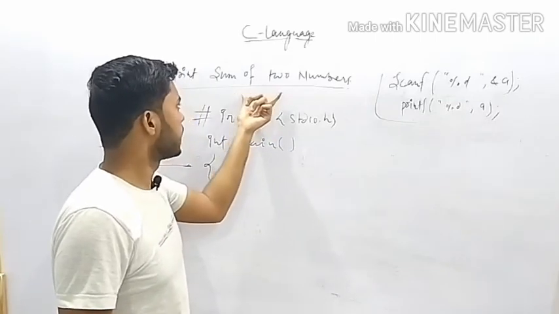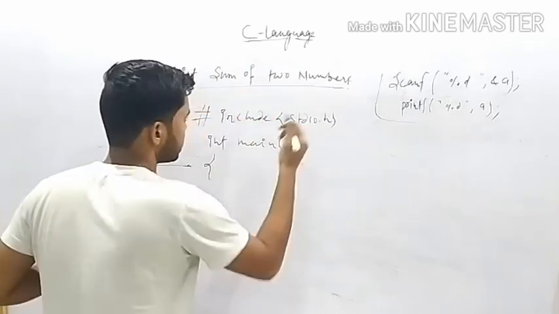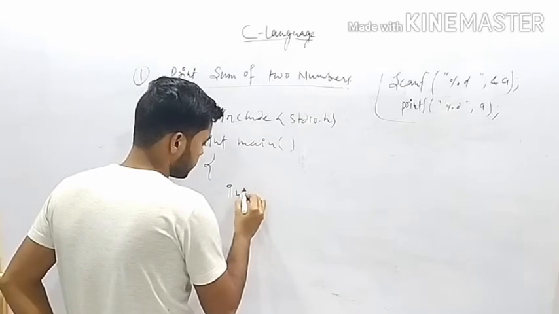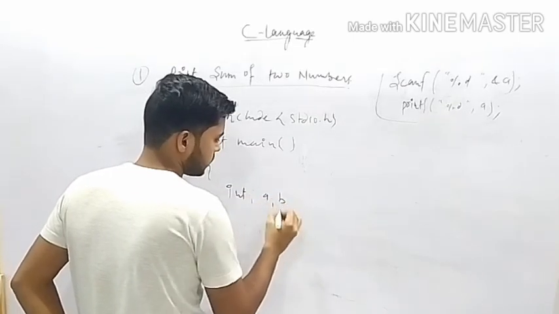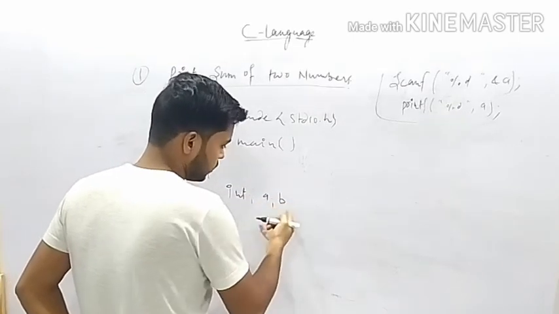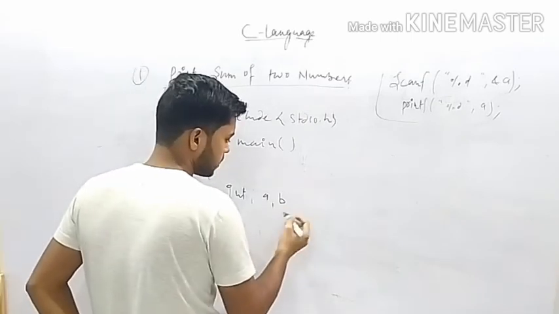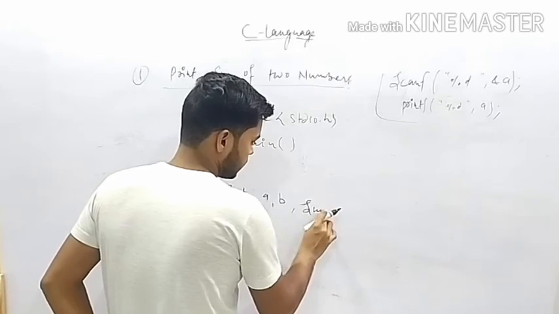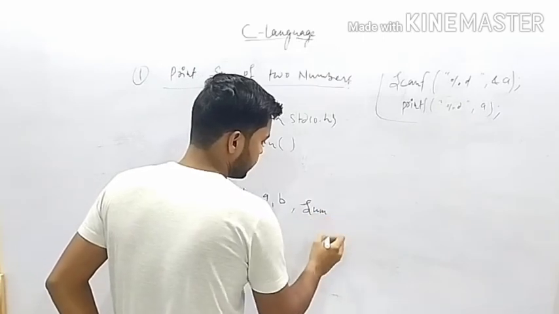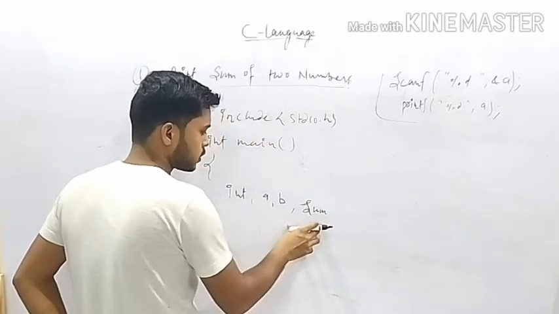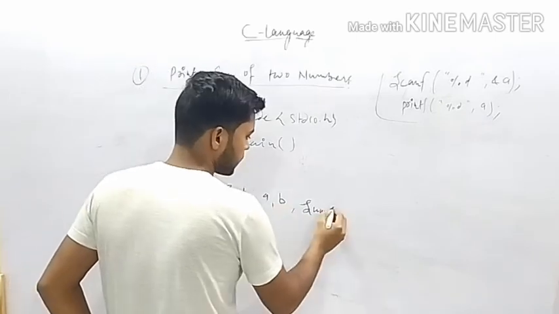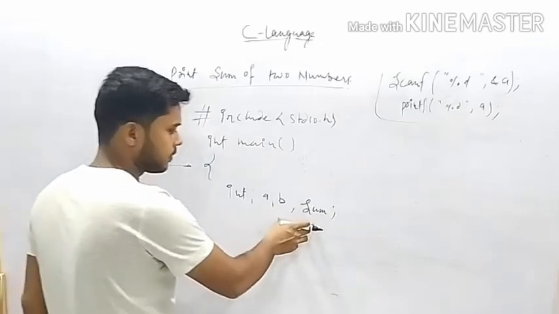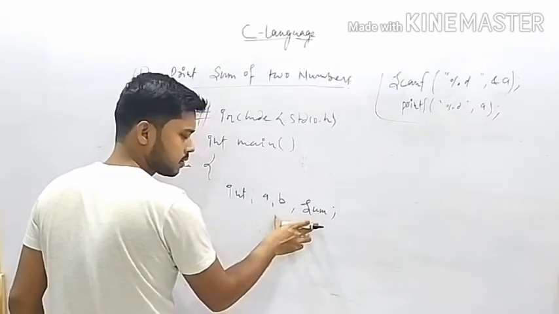We will need two variables, a and b, for storing the two numbers that we are going to take from the user, and another variable for storing the sum of a and b. Sorry, so we take three variables in this program.